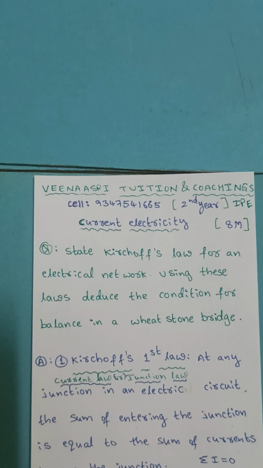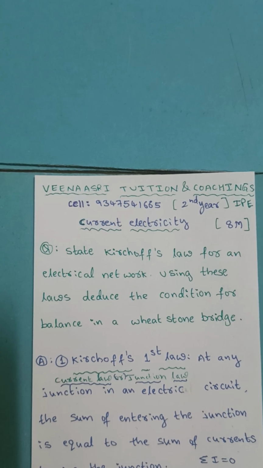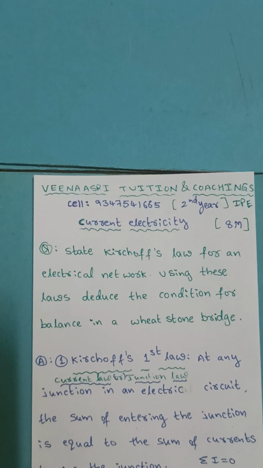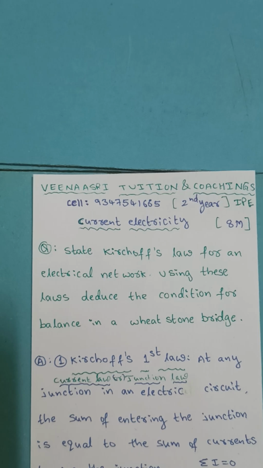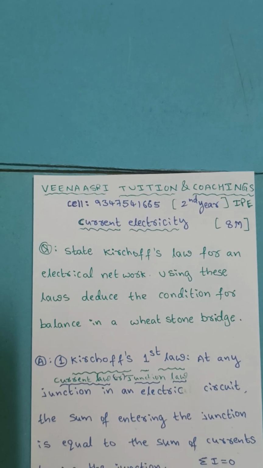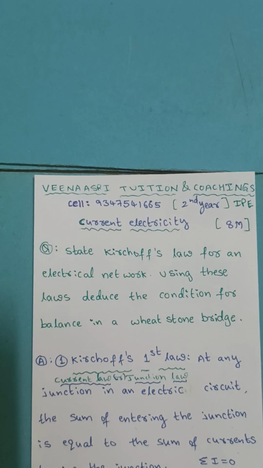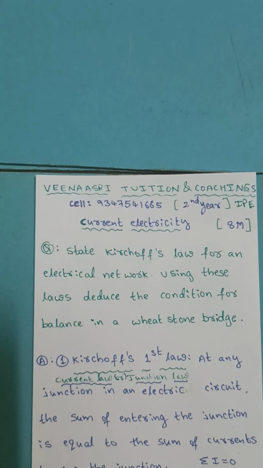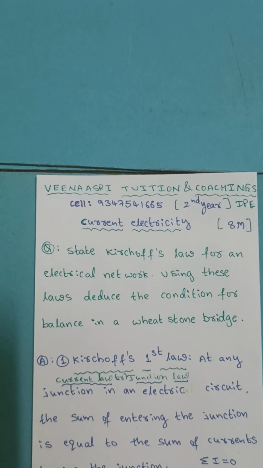Next, I4 current leaving from the junction, I5 current leaving, I6 also leaving from the junction. So symbolically we write I1 plus I2 plus I3 is equal to I4 plus I5 plus I6.